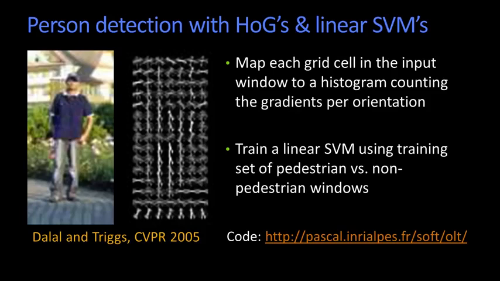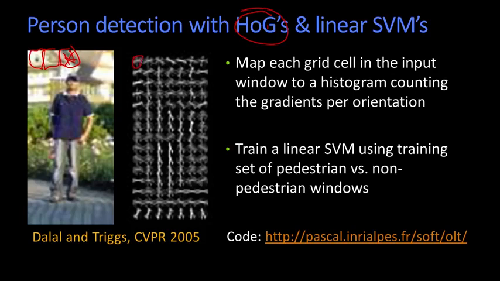They cut their pictures up into cells, and they built little histograms of the oriented gradients in that cell. So the features were called HOGs, histograms of oriented gradients.